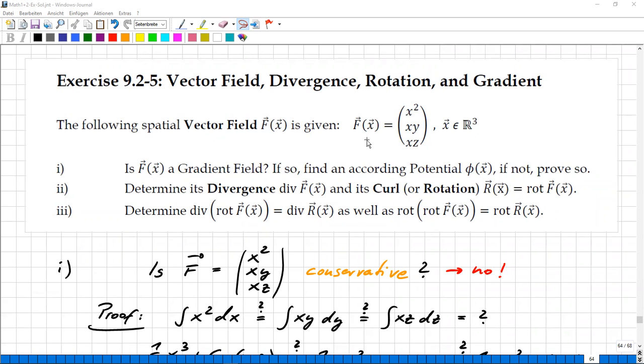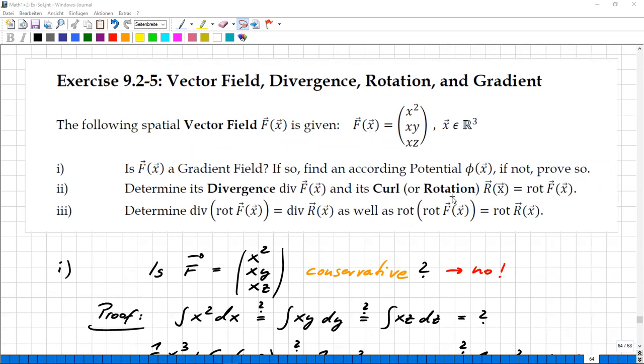Because you see, after we perhaps just guess, is this a gradient field, yes or no? If we say yes, it is, we have to be able to find an according potential by calculation. If not, we have to prove so. Okay, and then secondly, the divergence and curl, or let's say rotation, are to be calculated.